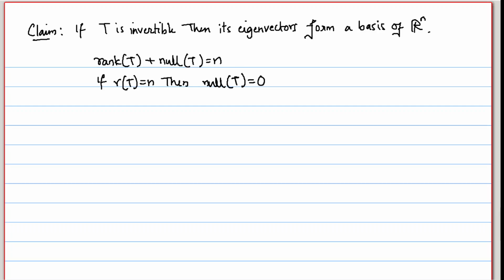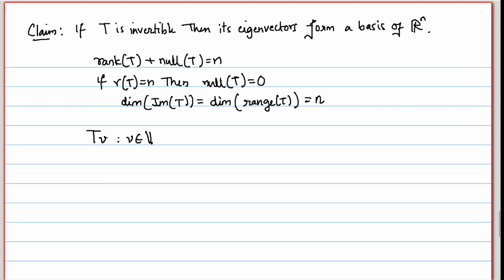So after that, the rank means the range of T, the dimension of the image space of T, or the dimension of the range space. This is n. Now we look at an element of the image of T. It looks like Tv, for v in Rn, right?